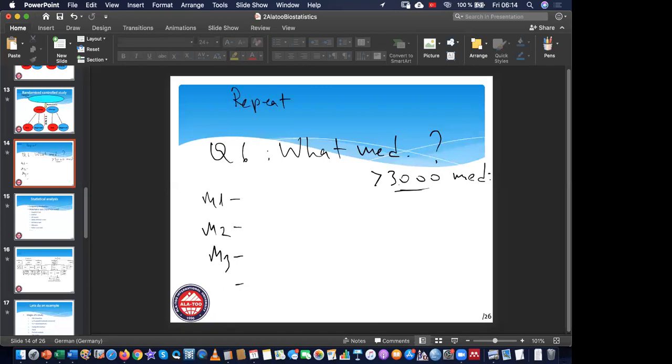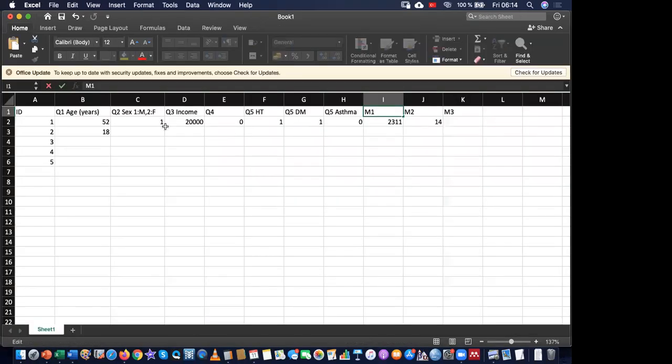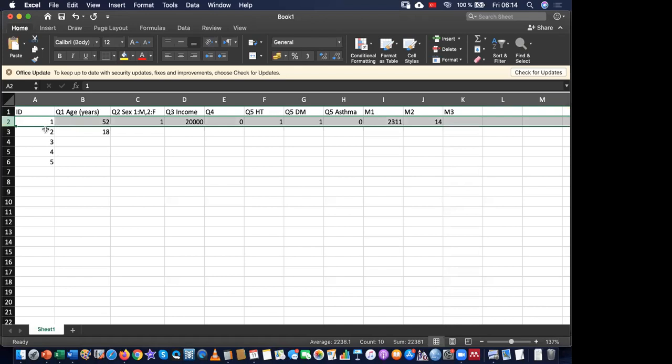If you have a repeated cross-sectional study, then in addition to all these variables, you have to include another variable like the phone number or the name, so that you can match. You can know who is patient number 1.